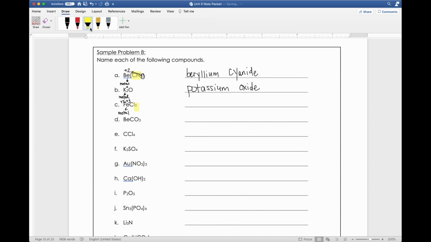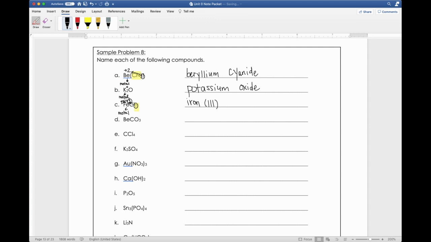If you remember writing formulas in Chem 1, you'll remember that you actually have to switch those charges. So in this case, iron's charge has to be +3. So that's the Roman numeral we're going to use. So we're just going to say the name of the metal, which is iron. And we have to identify that iron's charge is +3.